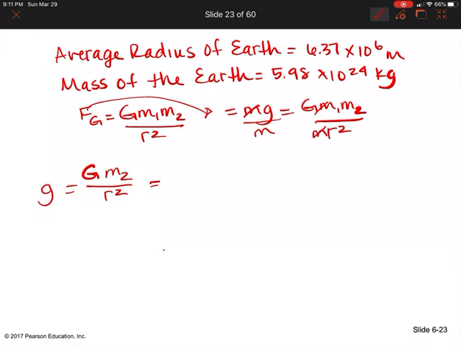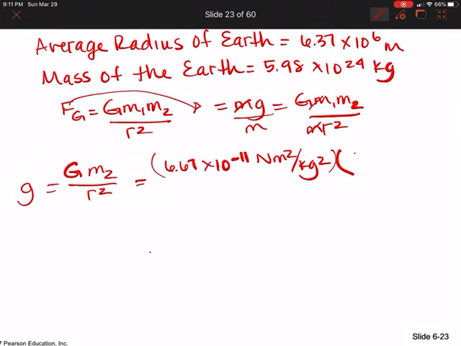So we've got our gravitational constant is 6.67 times 10 to the negative 11th newton meters squared per kilogram squared times the mass of the Earth.